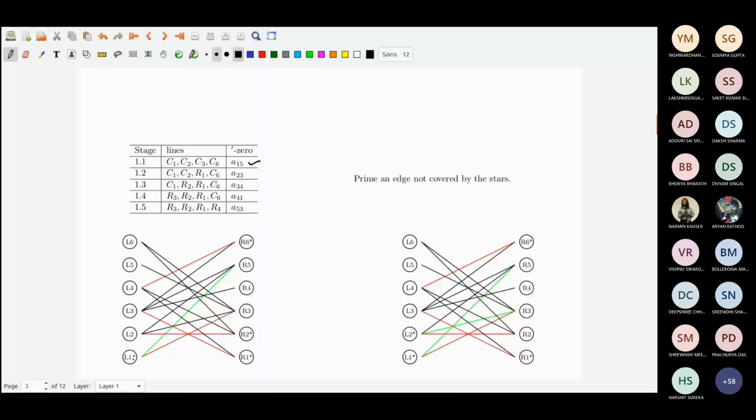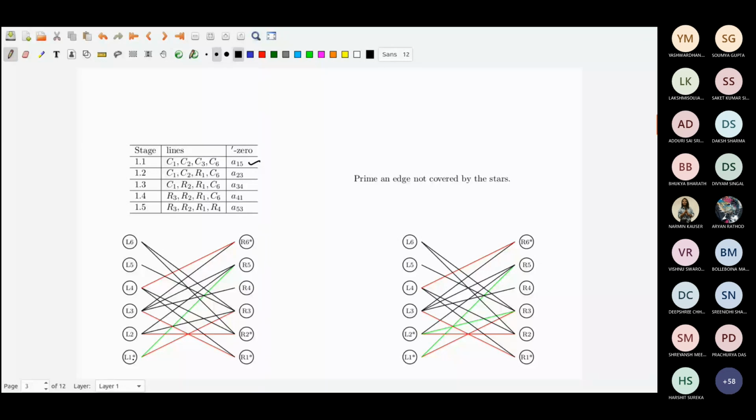Now, as soon as the star shifts, you look at all the starred vertices. If you can take a little bit of time, just look at all the starred vertices and see if you can find one edge that does not have a starred vertex as endpoint. Read from the top row.